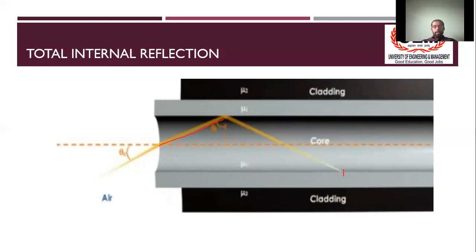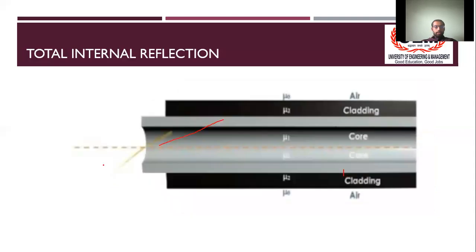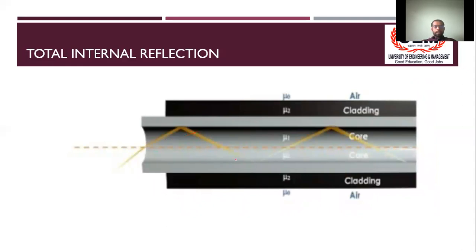So here again it is maintaining the critical angle and gets totally internally reflected. So this is how we see the light is reflected in a zigzag manner through the core.